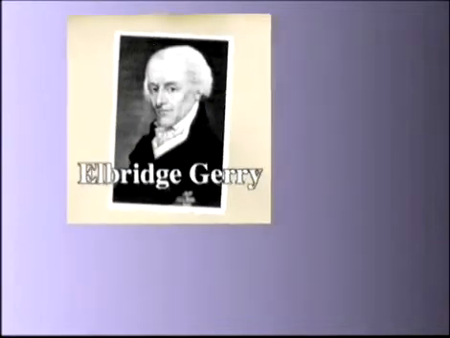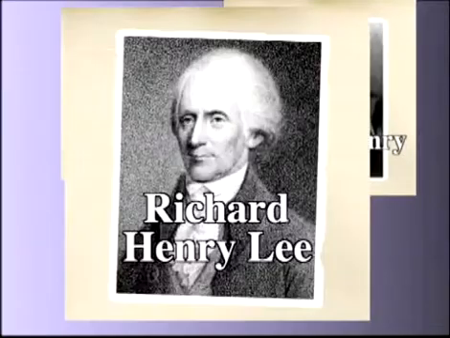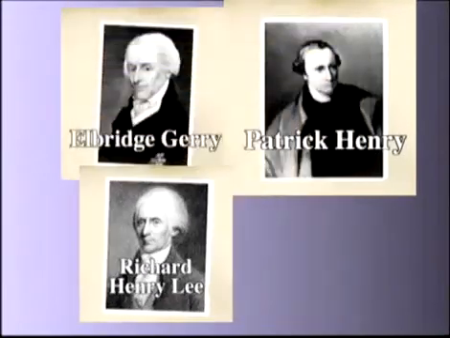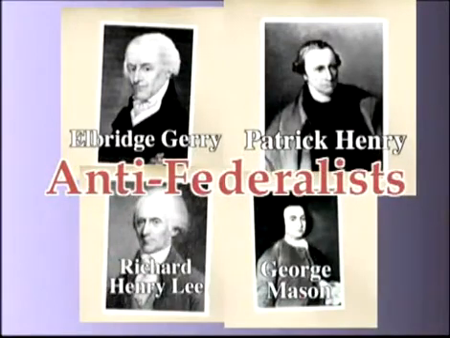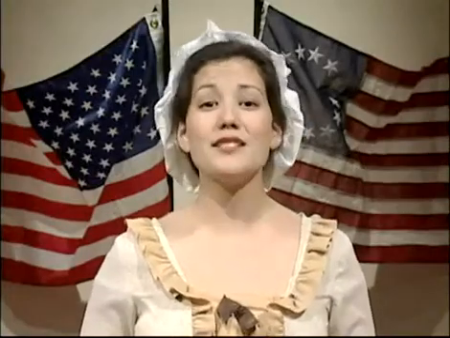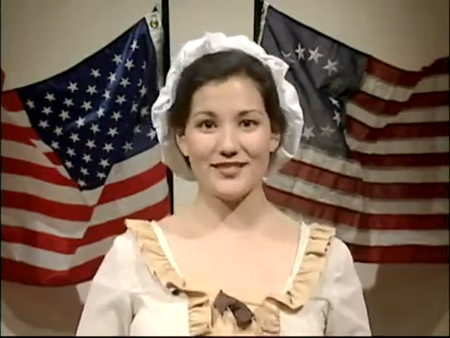Their opponents, such as Elbridge Gerry, Patrick Henry, Richard Henry Lee, and George Mason, became known as the Anti-Federalists. They believed the new Constitution gave Congress and the President too much power and authority. Eventually, the Federalists influenced the opposition to change their minds. Virginia and New York ratified later that summer.